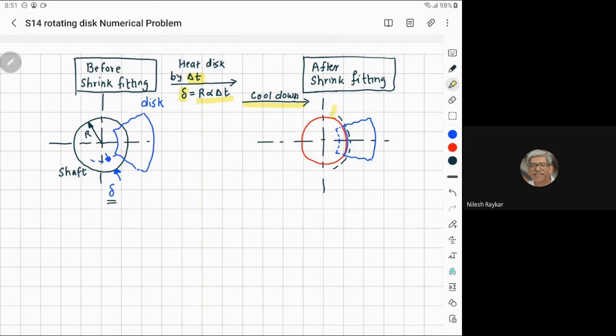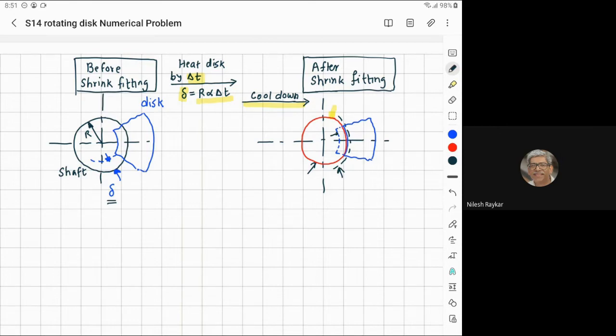So this red line shows that the shaft has become smaller than its original radius. So this one is the original radius of the shaft, and the red one is the radius after shrink fitting. And similarly, the disk which was having initial radial distance as shown by the dotted blue line will match with the red line, and that is where the assembly will happen.